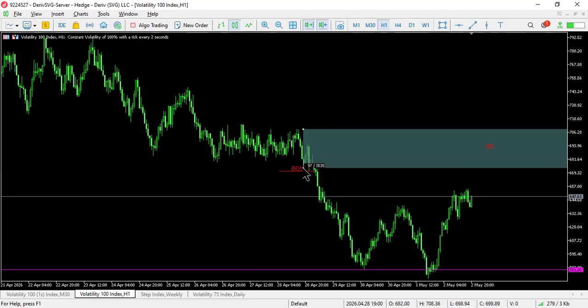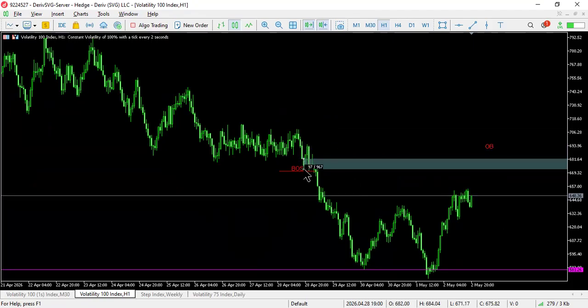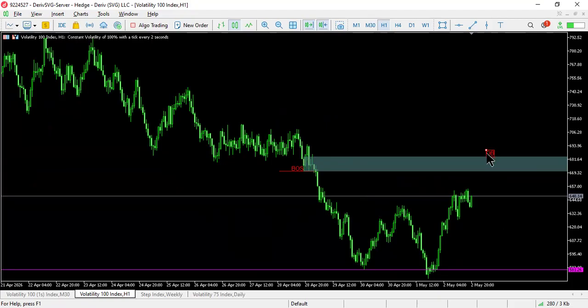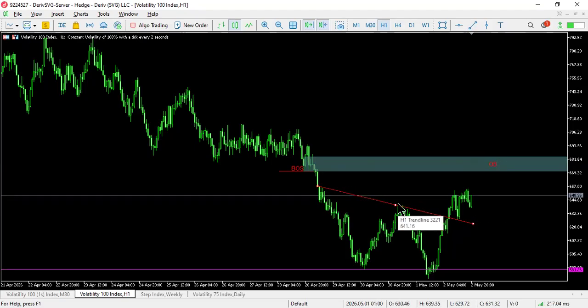And then our order block is going to be at that level, right there. And then price just swept the liquidity which was sitting here, the trend line liquidity. Now it's heading over to our order block.